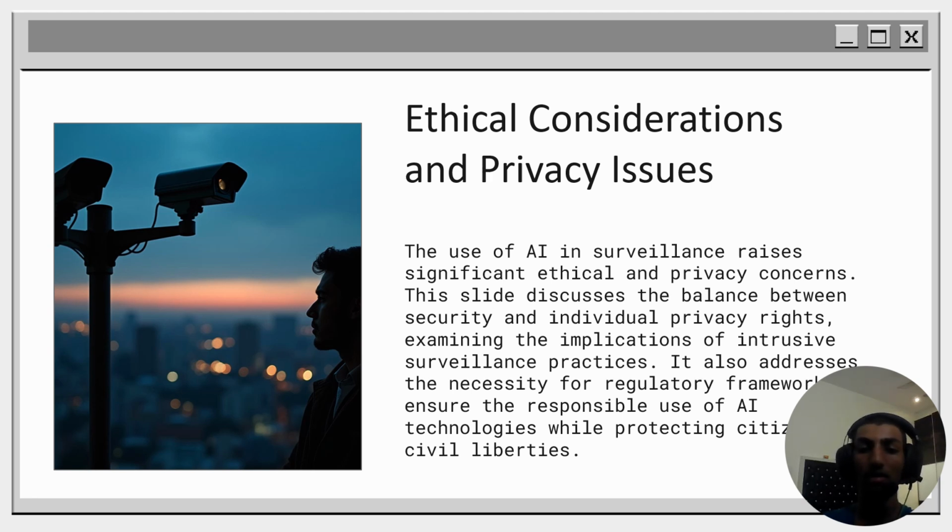This slide discusses the balance between security and individual privacy, examining the implications of intrusive surveillance practices. It also addresses the necessity for regulatory frameworks, ensuring the responsible use of AI technologies while protecting citizens' civil liberties.